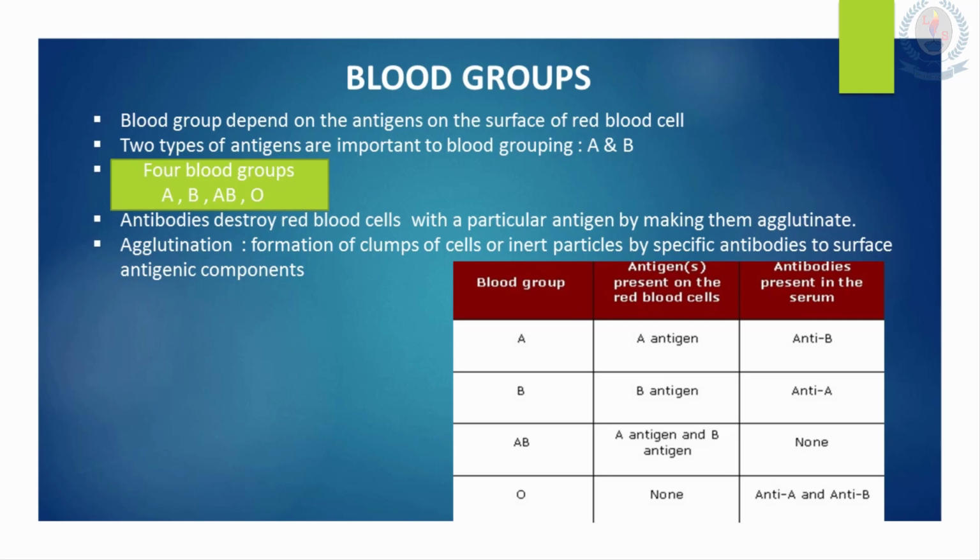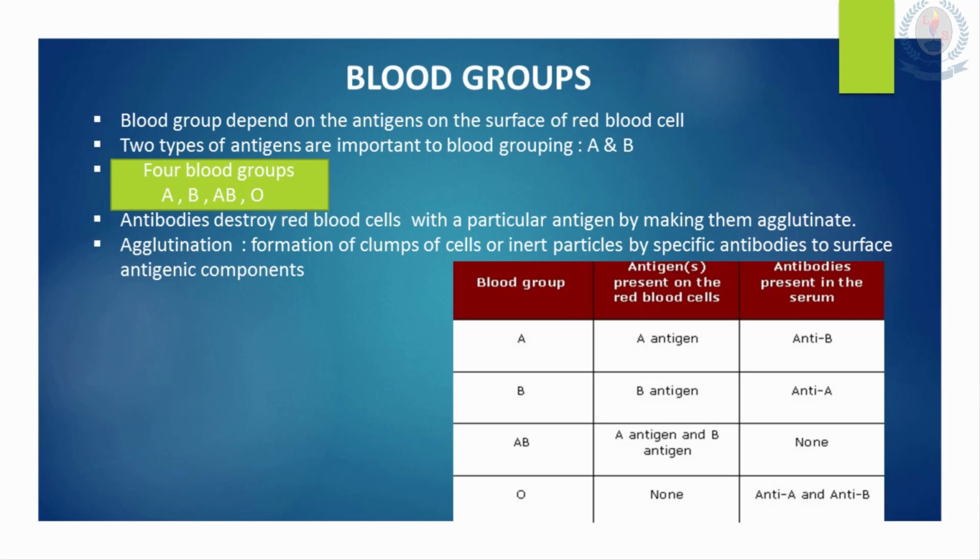For example, anti-A antibody agglutinates any red blood cells with A antigen, and anti-B antibody agglutinates any red blood cells with B antigen.